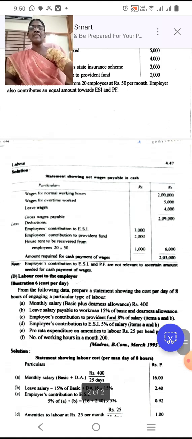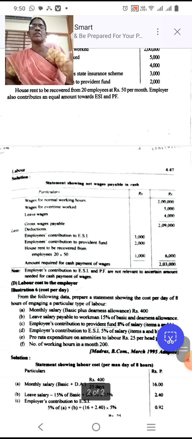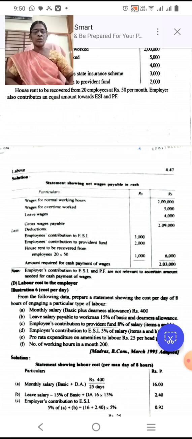Coming to the solution, it is very simple. Particulars and amounts are given. Wages for normal working hours 2 lakh, wages for overtime work 5,000, leave wages 4,000, totally 2 lakh 9,000. This is called gross wages payable, and from that we make certain deductions. What are the deductions? Employees contribution to ESI 3,000. Employees contribution to provident fund 2,000.